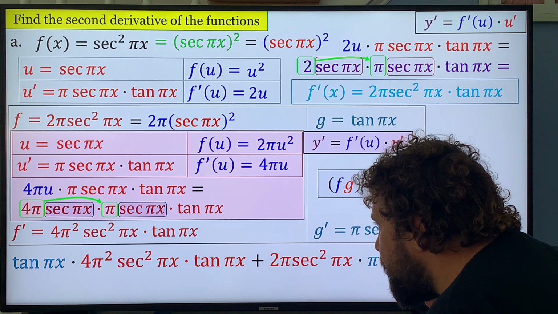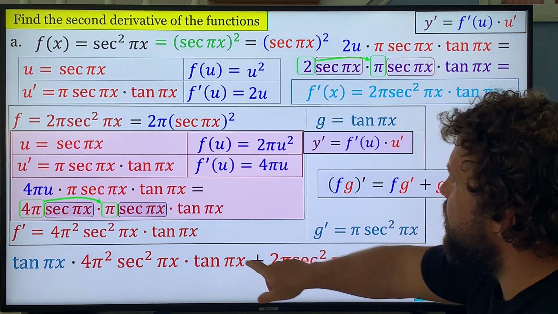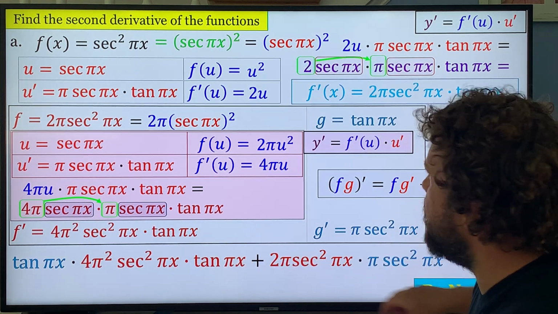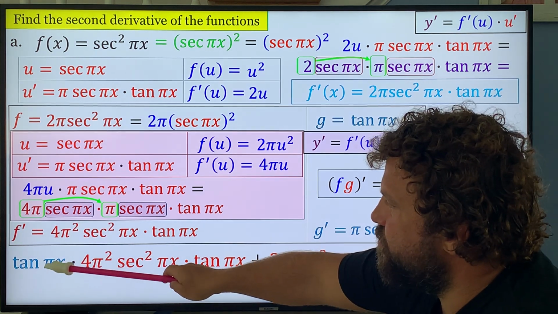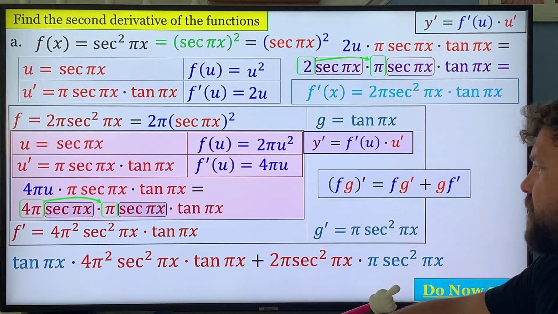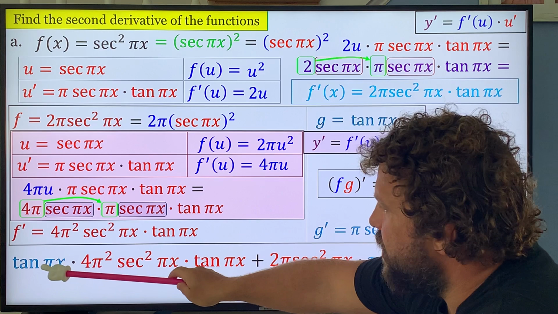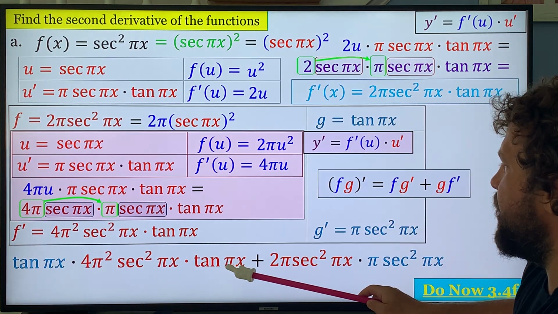I missed a tan pi x? I missed one. There should be another tan pi x down here. Oh no, there it is. When it gets too many letters, my head goes spinning. So these things become tan squared pi x.